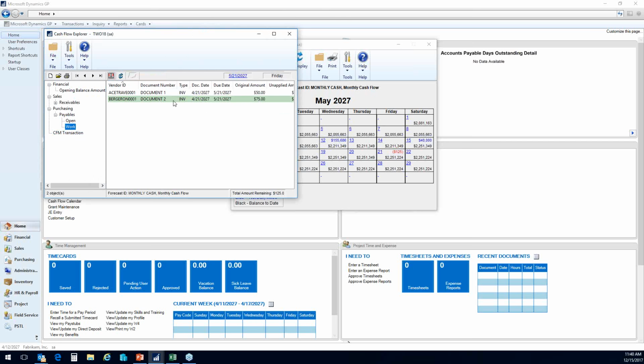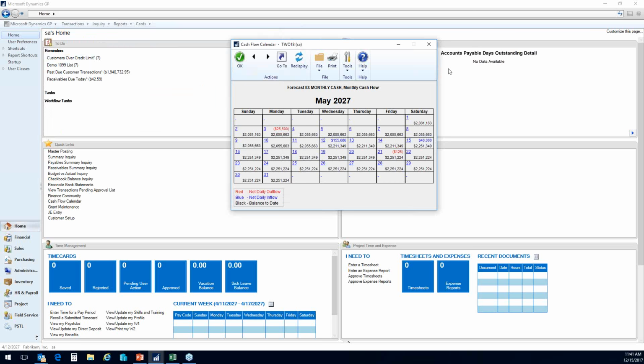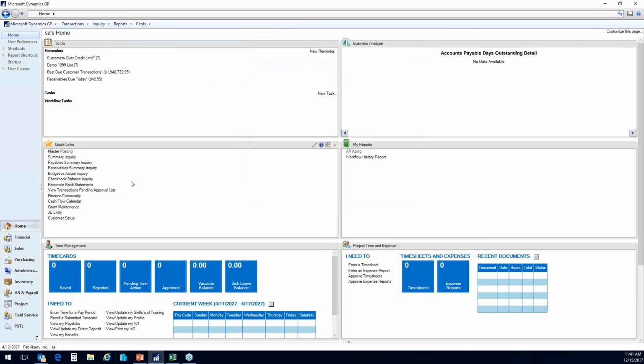Well, here are the two transactions I'm scheduled to pay on 5/21, these two vendors, which equals the 125. Some folks use this to kind of look through what cash might be doing. It's forward looking. We know what cash is today, but this looks into the future for us as a little light forecasting tool that I have on my home page.